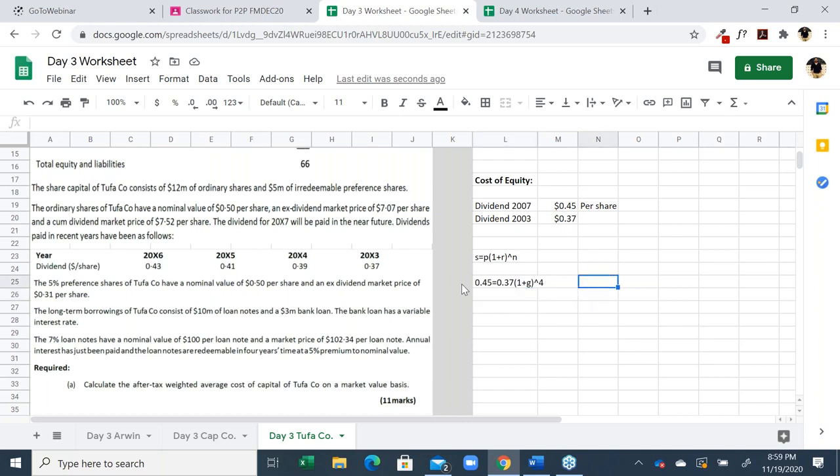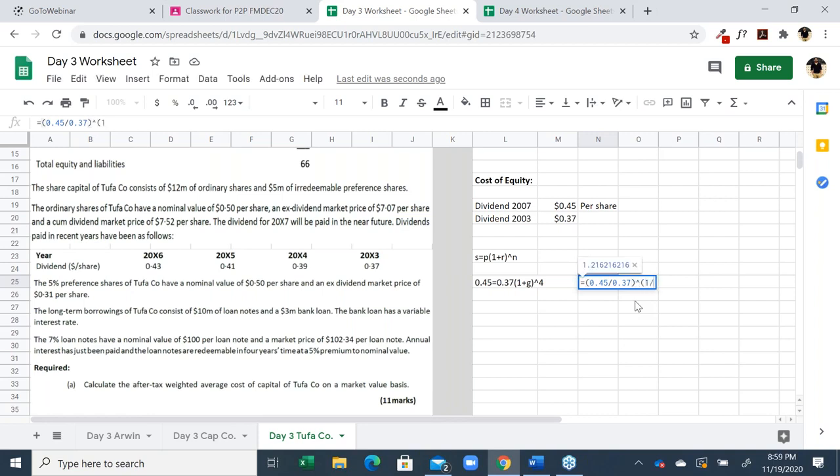So let's rearrange this. I have to divide 0.45 by 0.37, because this has to be divided on the other side. So if I divide it here, I'll be left with 1 plus g raised to the power 4. To cancel this power, I have to take 1 upon 4 as power on the other side.